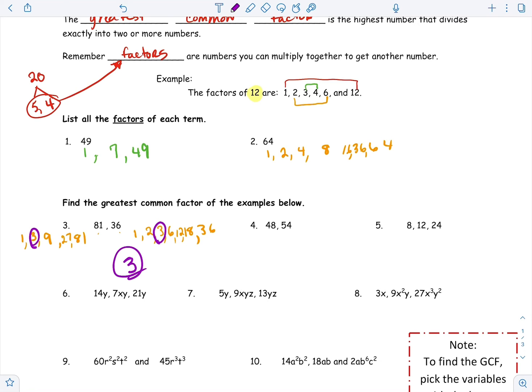So we're going to do the same thing for 48 and 54. Of course, we know we have 1 and 48. 2 times 24. 3 times 16. 4 times 12. 6 times 8.